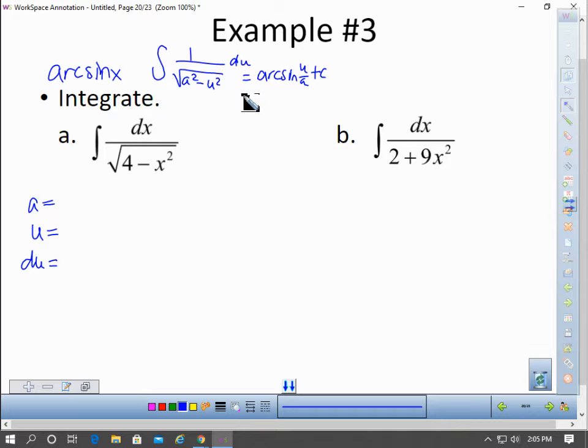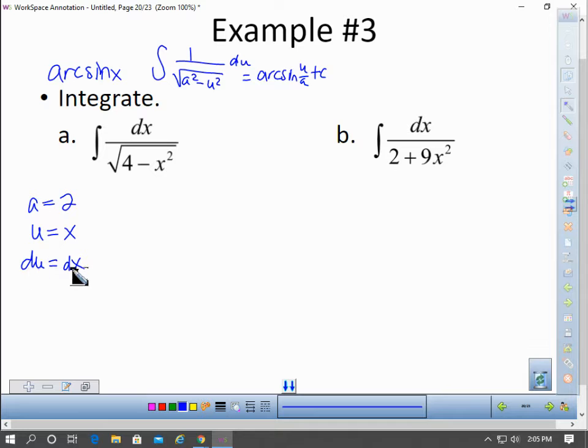So first of all here, when I'm comparing what I have to the arcsine formula, it looks all the same. A squared, so if this is a squared, then a's got to be 2. And if this is minus u squared, then u has to be my x, which means du has to equal dx.